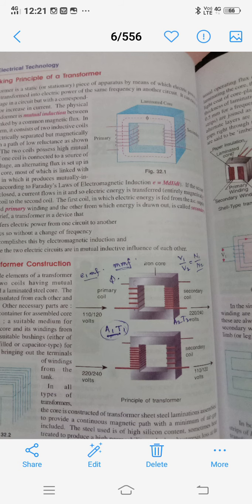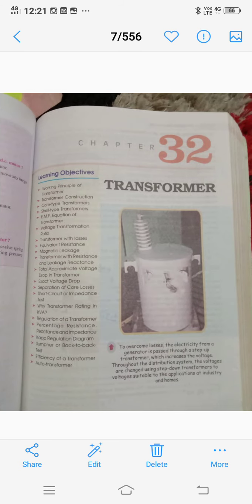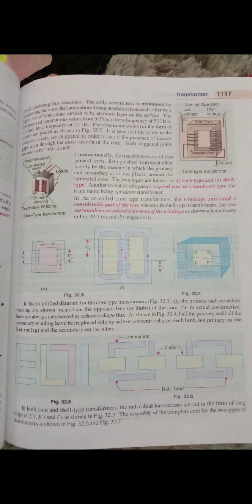Now we will move forward to the types of cores used for constructing a transformer. In figure 32.5 there are some alphabets: E, L, mirror L, I. These are actually cores, the types of core used for making a transformer.